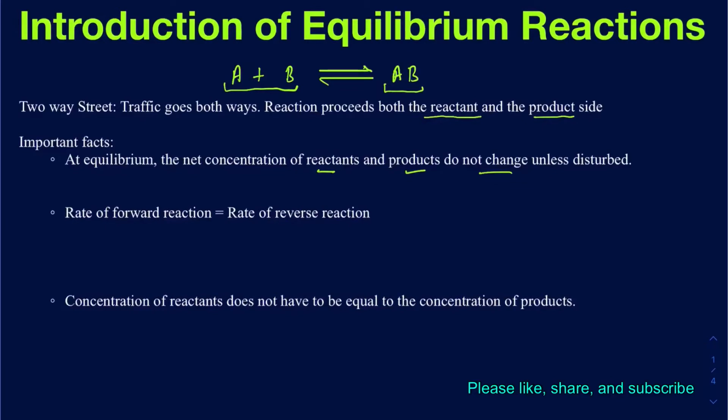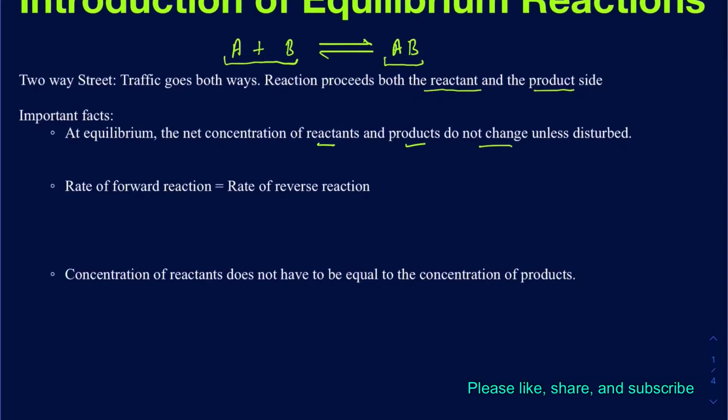And now, you may wonder that if their concentrations are not really changing, then the reaction probably is not happening at all, or the equilibrium will be a stay-still equilibrium. But it turns out it's going to be a dynamic equilibrium, where you're still going to have some of the reactants making the products, and you're still going to have some of the products making the reactants back. Or another way of saying, the rate of the forward reaction is actually going to be equal to the rate of the reverse reaction.